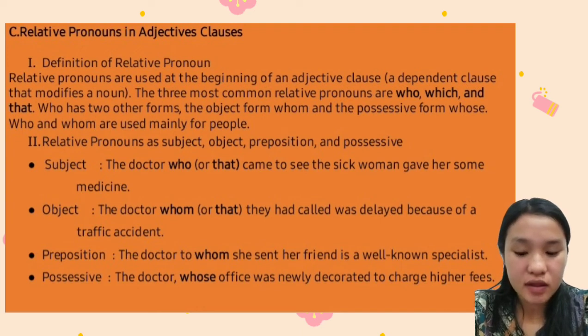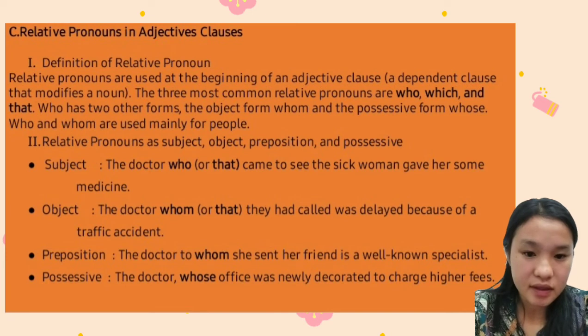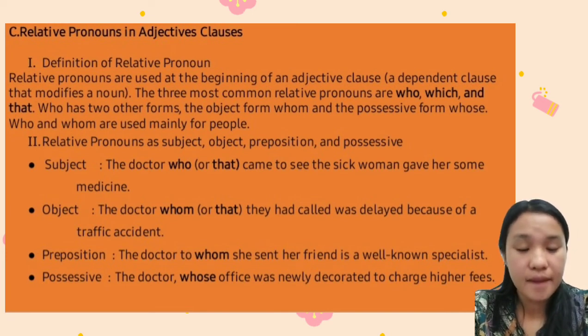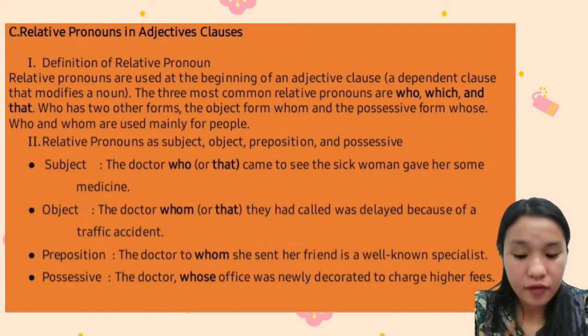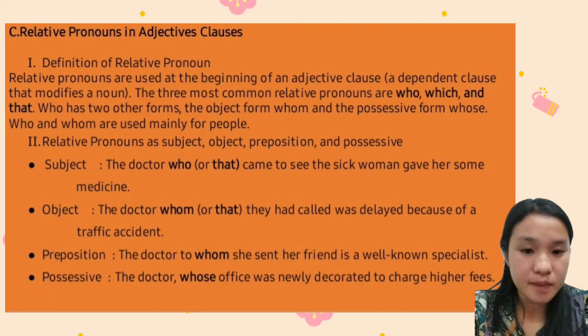Relative pronouns as subject, for a thing. Number 1. The tree which or that was planted last year already has blossoms.